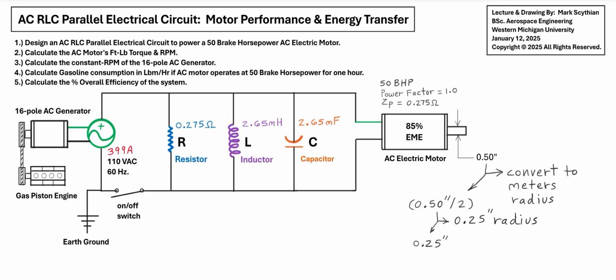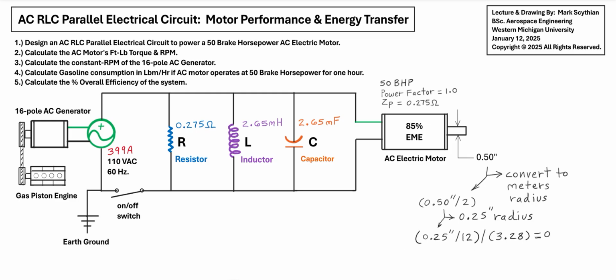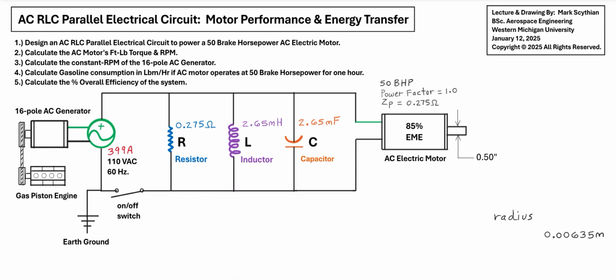We then divide it by 12 to get the feet, and then we divide it by 3.28 feet to a meter. So that allows us to calculate the meter's radius of the output drive, 0.00635 meters.